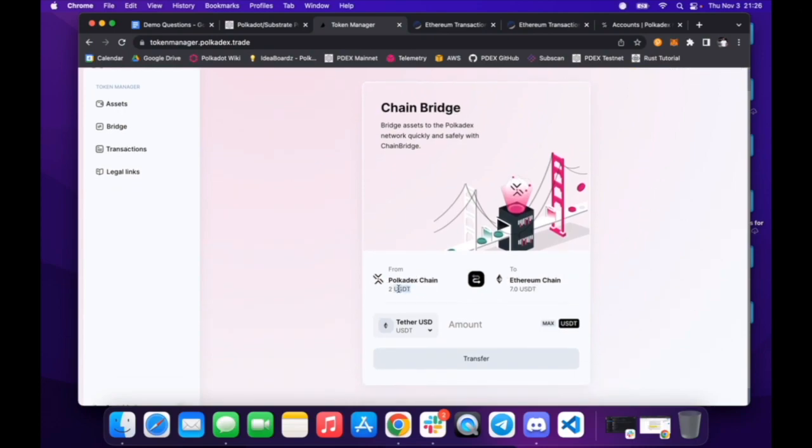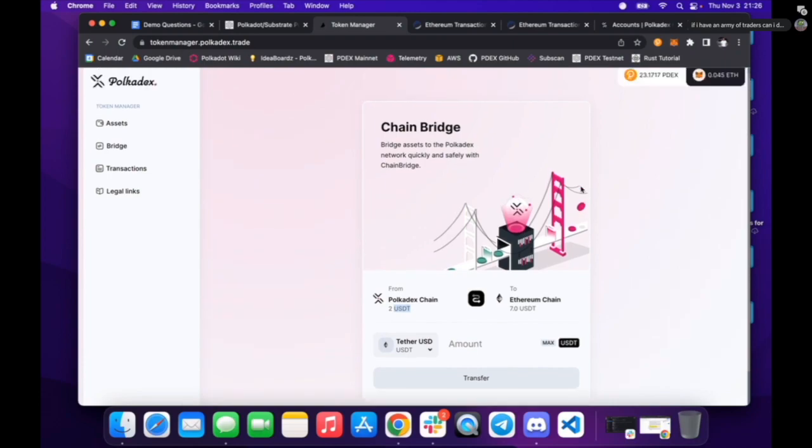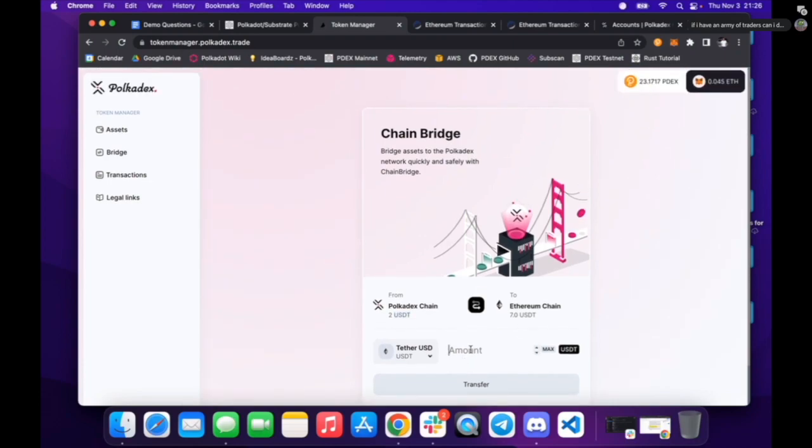So right now I have 2 USDT, and I have some PDEX in my account. Let's say I want to transfer 1 USDT out of my Polkadex network to the Ethereum network. I just input that amount and click transfer, and it's going to transfer.